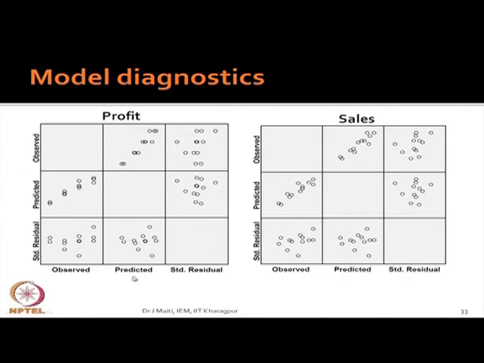Now, if you go by residuals versus predicted or residuals versus observed, that should not give any trend, it should be random, and it is coming like this. Okay. So predicted versus residuals also should become random. For profit this is the case, for sales also a similar thing we are getting, and in fact from this figure you are not getting any unusual observation.